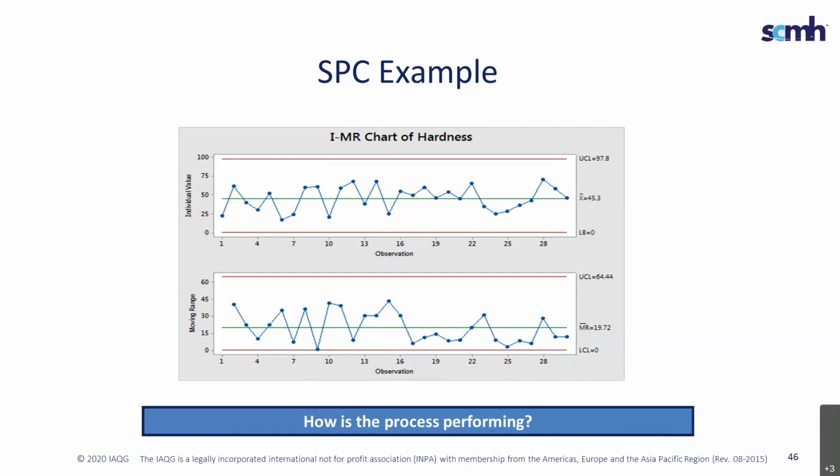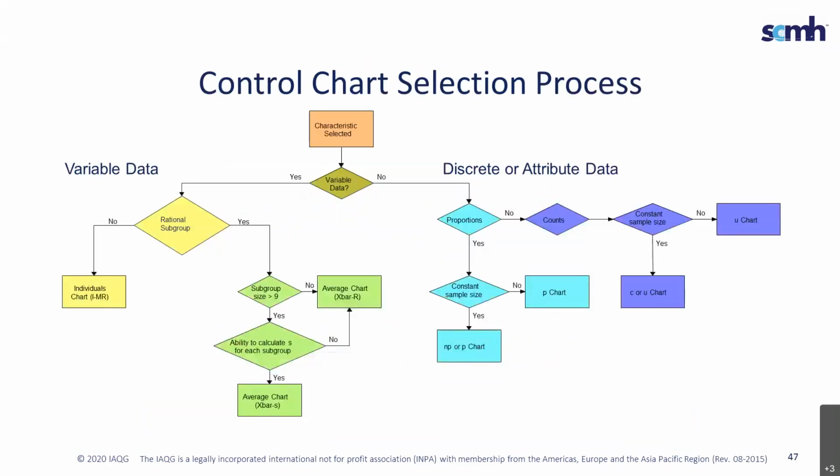So I can trust the capability analysis that I ran earlier, because my stability analysis shows that I am in control. All right. So here's a general, most commonly used control chart selection process. Again, it starts with: do I have variable or attribute data? If it's variable data, is there a subgroup size?